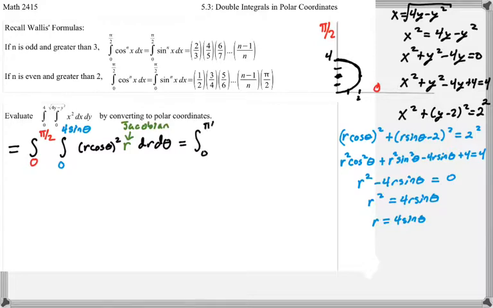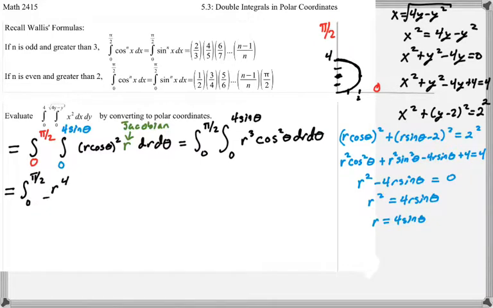So that's going to give us the integral from 0 to pi over 2, integral from 0 to 4 sine of theta, and then we're going to have r to the third power cosine squared of theta dr d theta, which is equal to the integral from 0 to pi over 2 of r to the fourth over 4 cosine squared of theta, evaluated from 0 to 4 sine of theta d theta.